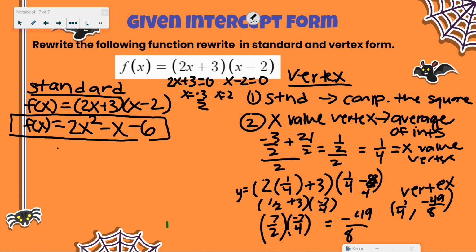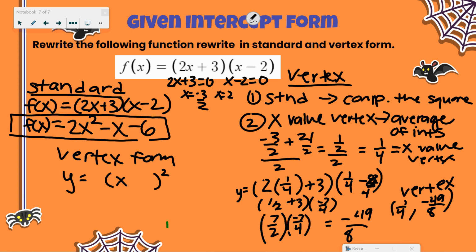So here's our vertex, though. How can you write it in vertex form? Think about this: this is my vertex, right? My vertex form I know looks like this. So what's my a value? What do you guys see?